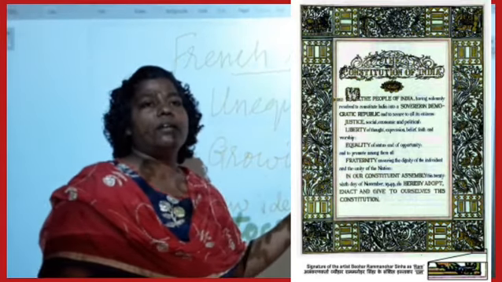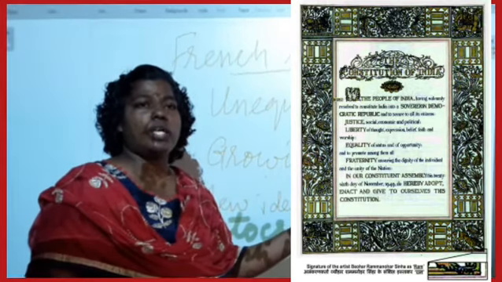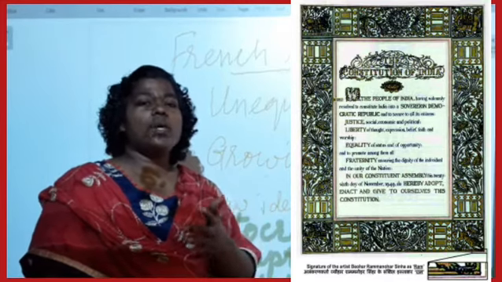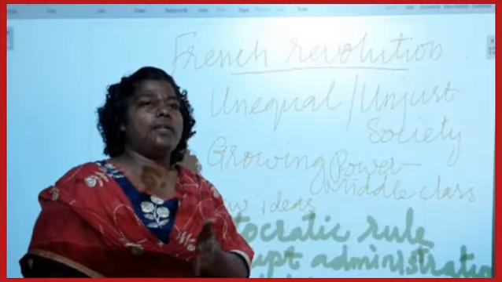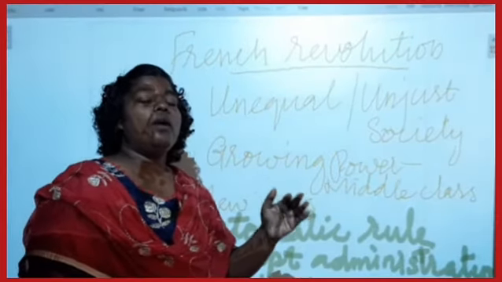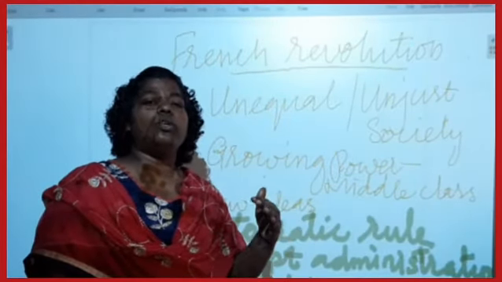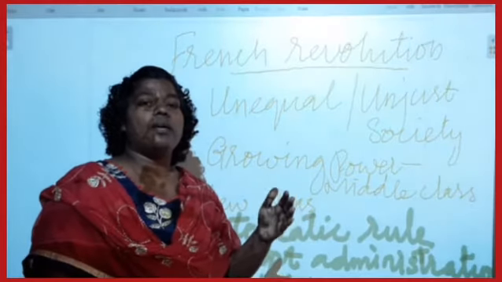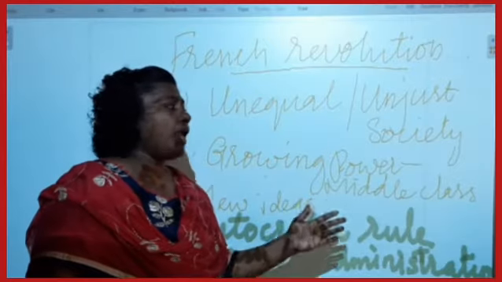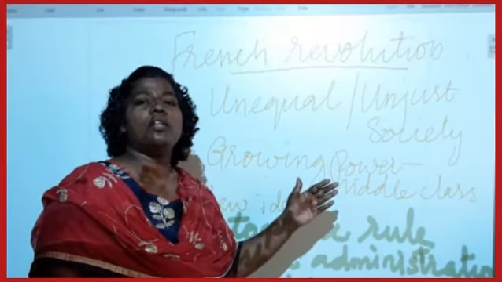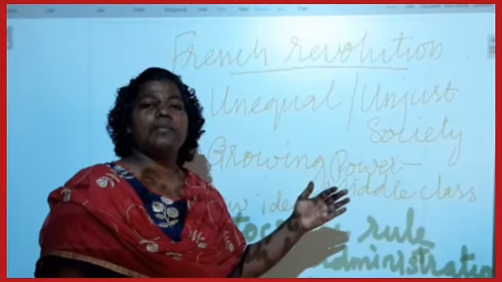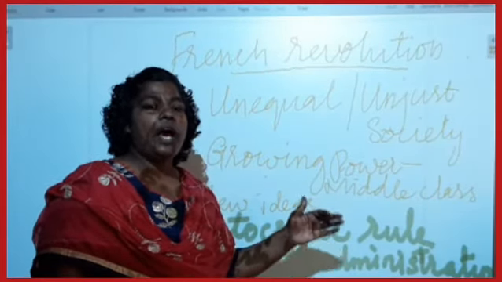They had a written constitution, and liberty, fraternity and sovereignty was the slogan. All men were born equal. This was the concept which the American War of Independence gave to the people. The war was led by George Washington, who at last became the first elected president of America.